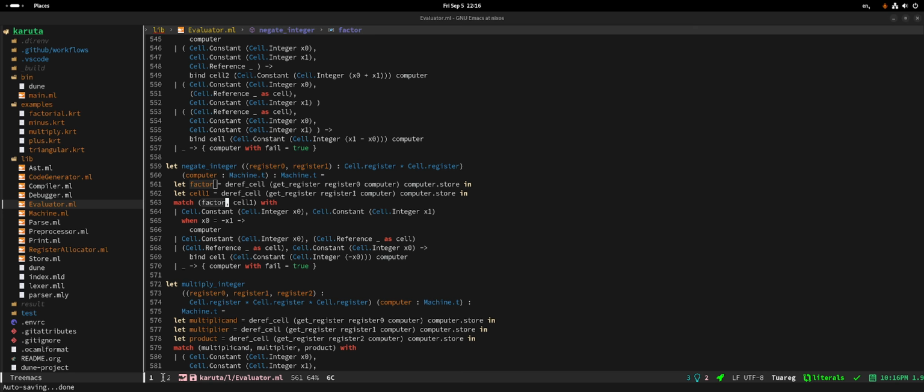Integer negation operation, maybe. I guess we can call argument an inverse. Why not? Arguments. Am I using... No, I'm not. So inverse.